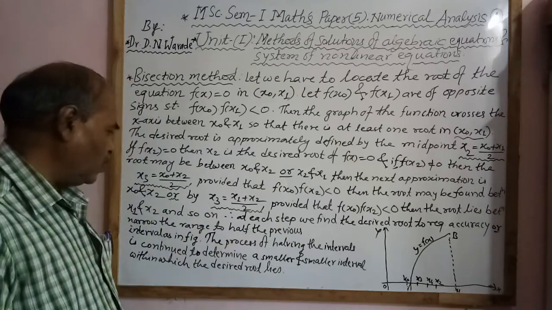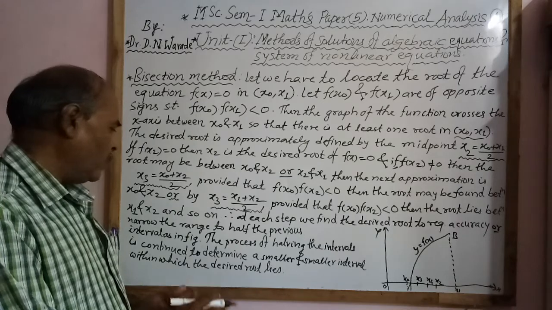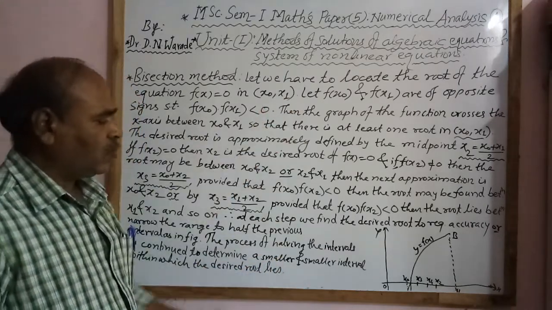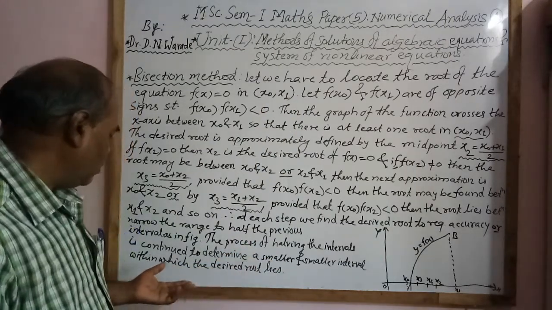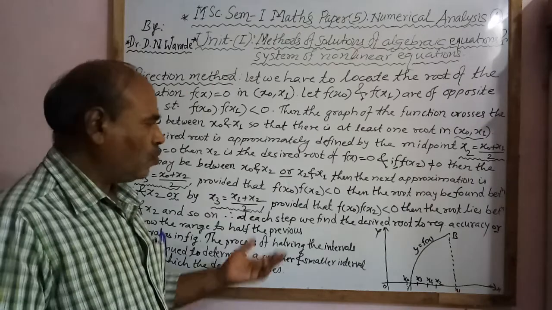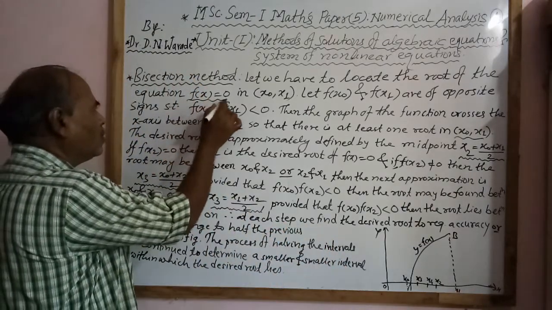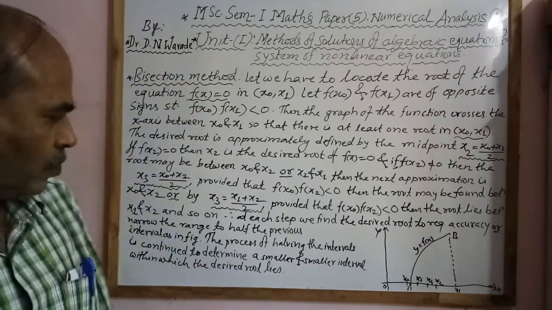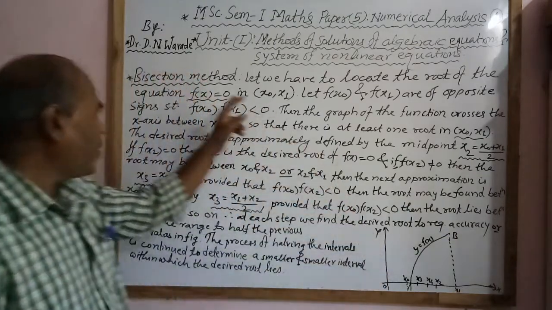We continue the process so that we get smaller and smaller intervals, and the root of the equation lies in that interval. This is the figure of the bisection method.